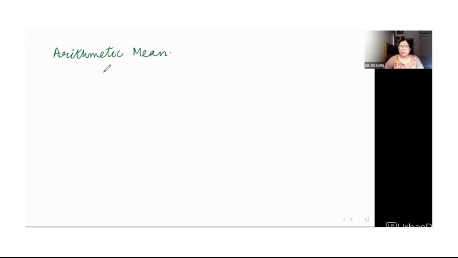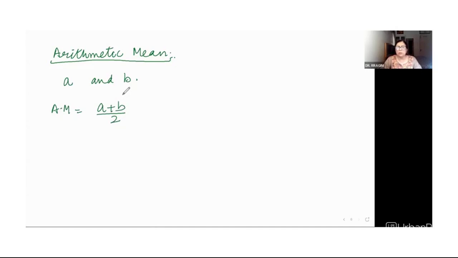Now, let us start with two numbers. If we have A and B, what would be the arithmetic mean? Let us learn the basic concept of how we find it and its usage. Arithmetic mean is the sum of these two values divided by 2. That means taking the midpoint of the two.